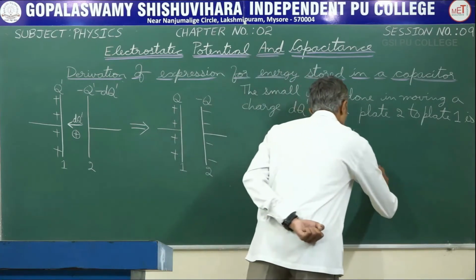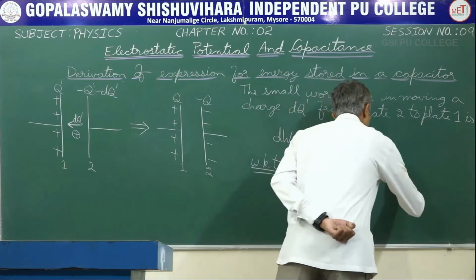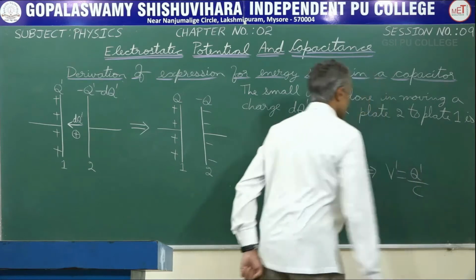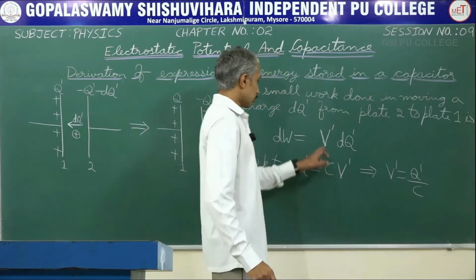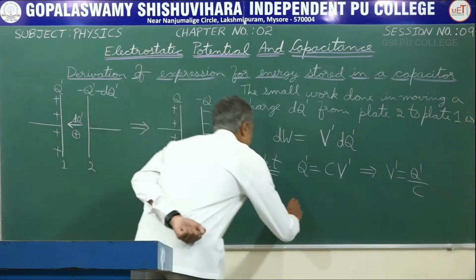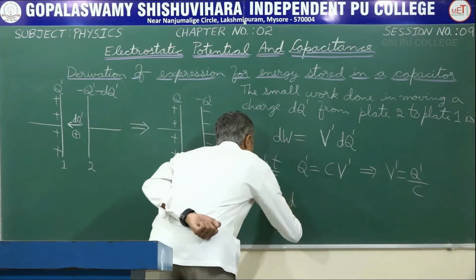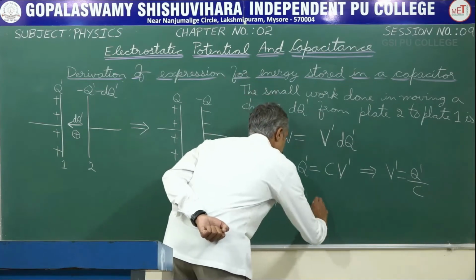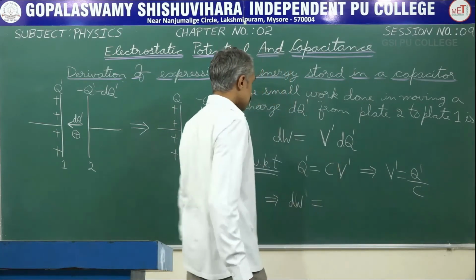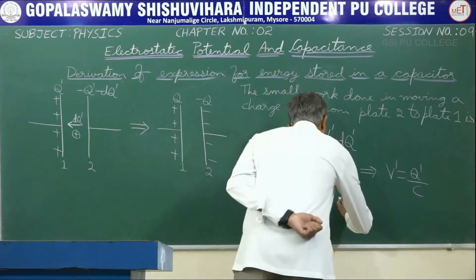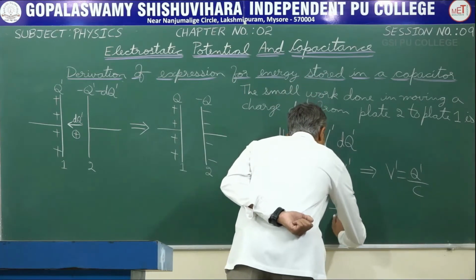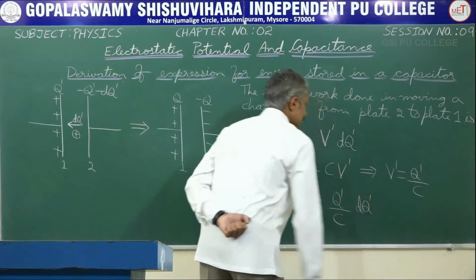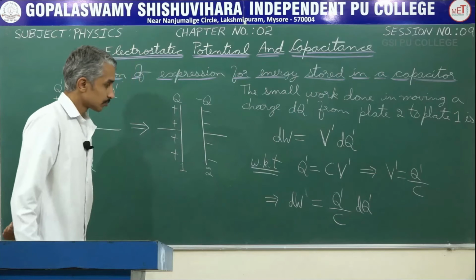If you rearrange, the potential is going to be Q dash by C. So I will use this expression for potential difference, which implies the work done in moving a small charge dQ dash will be equal to Q dash by C into dQ dash.